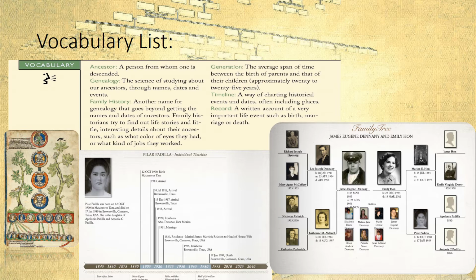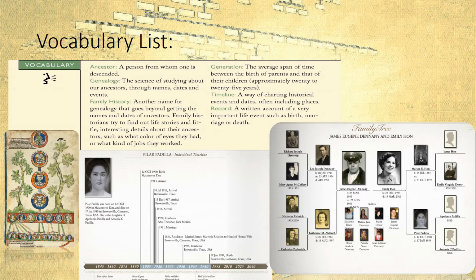Family historians try to find out life stories and little interesting details about their ancestors, such as what color of eyes they had or what kind of jobs they worked. Generation, the average span of time between the birth of parents and that of their children, approximately 20 to 25 years. Timeline, a way of charting historical events and dates, often including places.